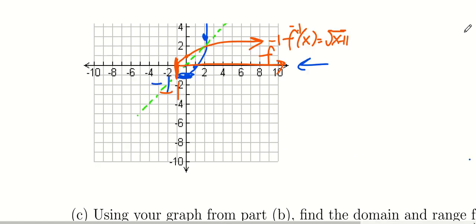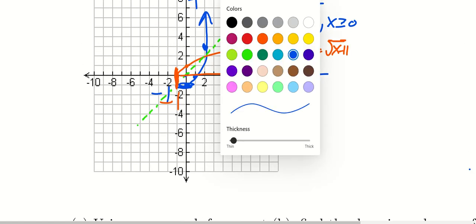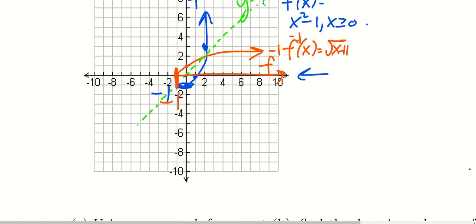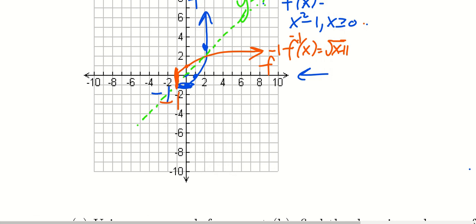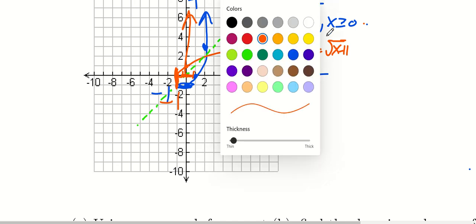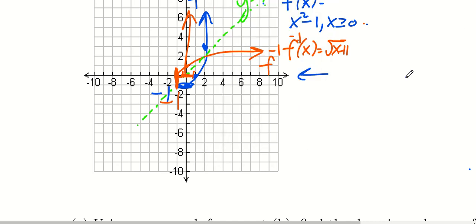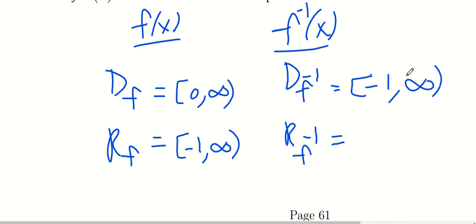And then for the range of f inverse, we need to ask the question, how low to how high does it go? The lowest point on the graph of f inverse is this one here, which is at 0, and it does go all the way up towards positive infinity. So the range for f inverse is from 0 to infinity.